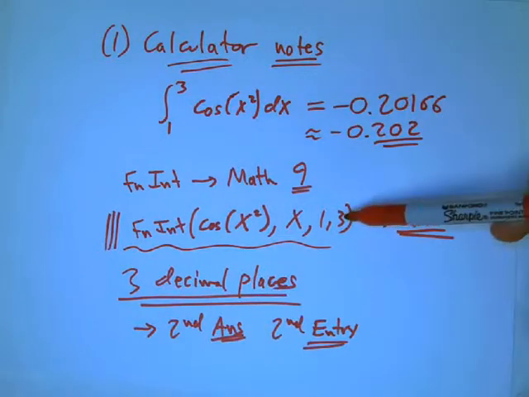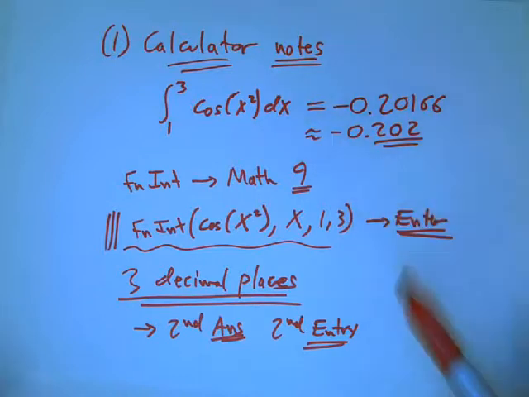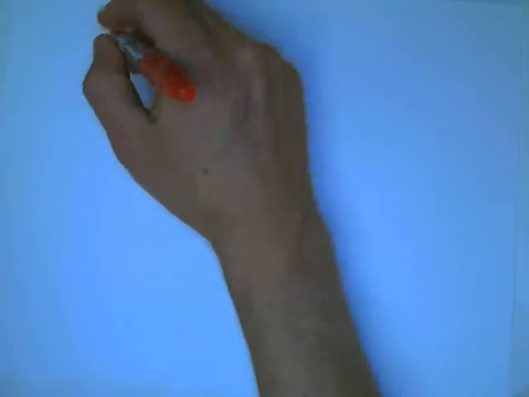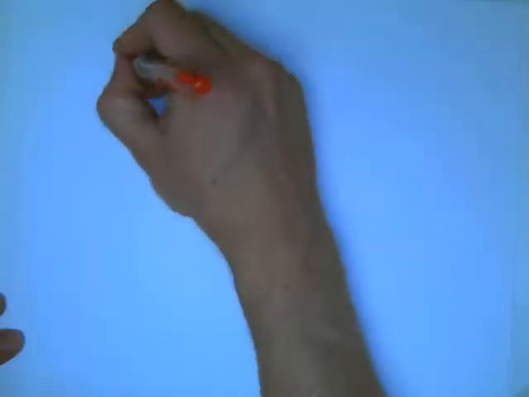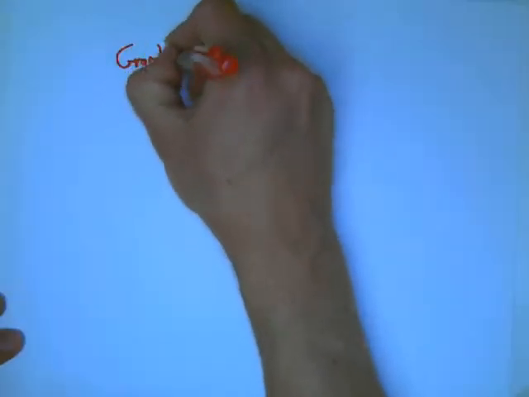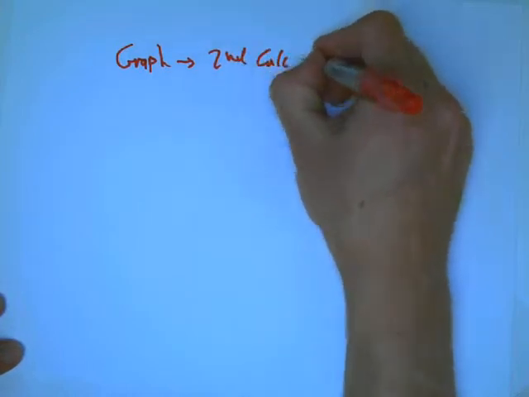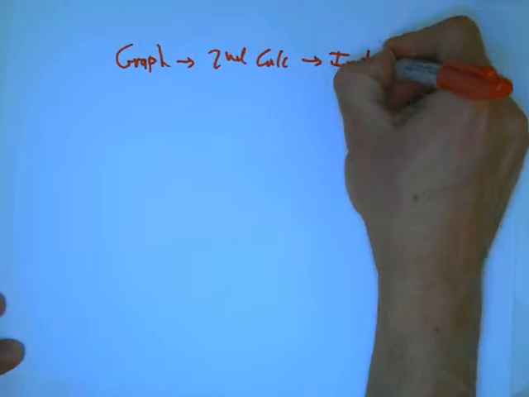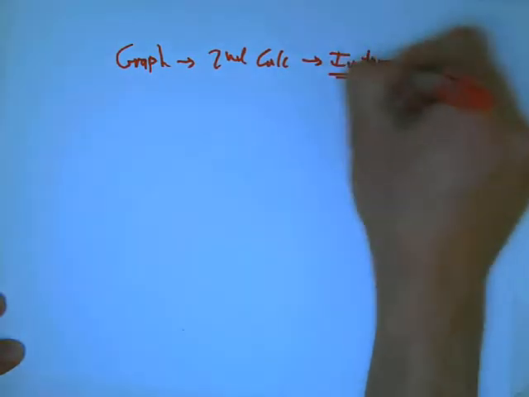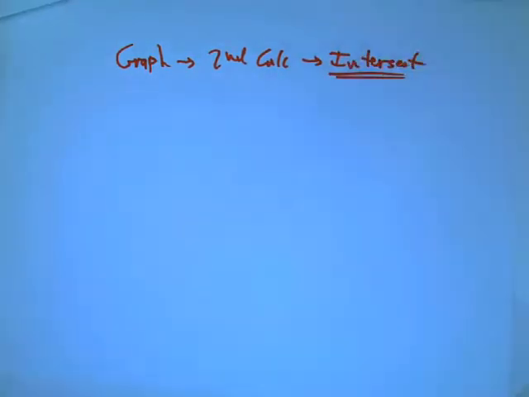Other things you're going to be doing on the calculator would be using a graph. You're often going to use the second calc intersect feature to find out where two things intersect. Just grab that off the calculator. Be sure you get it to 3 or preferably 4 or 5 decimal places, and those might actually become the limits for an integral.